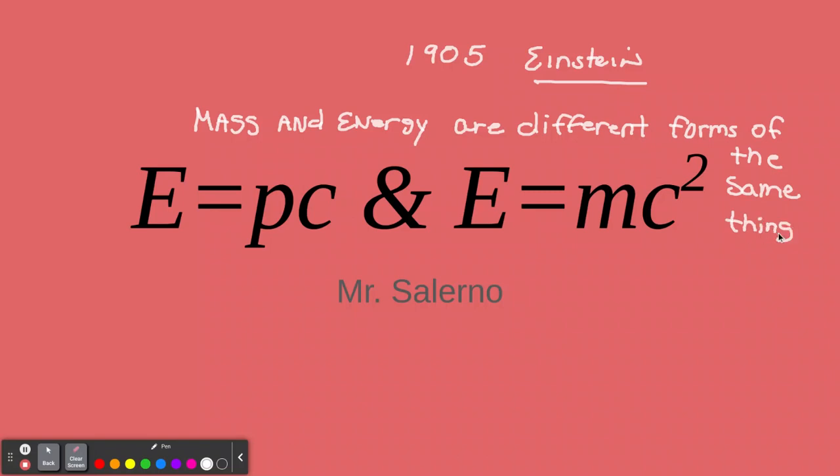That's what he's saying here. So in other words, they can change into each other. So that's the simple definition of the theory of special relativity for this equation, E equals mc squared.